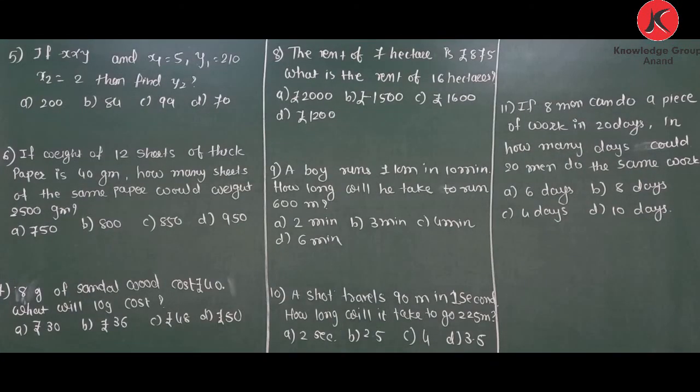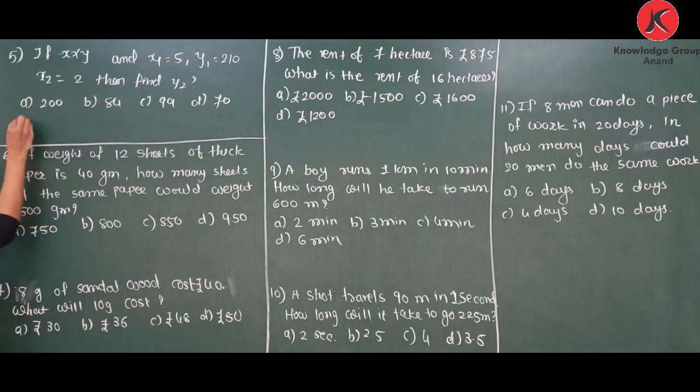Now next one, if x is directly proportional to y and x1 is equal to 5, y1 is equal to 210, x2 is equal to 2, then find y2. So it is in a direct proportion that is given in the question. So direct proportion is x1 by y1 is equal to x2 by y2.